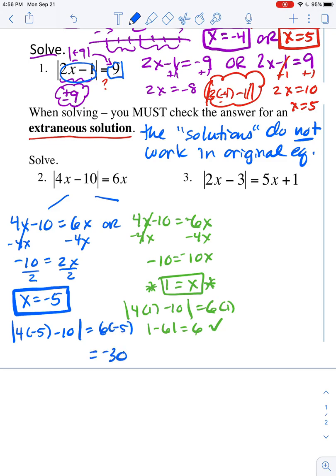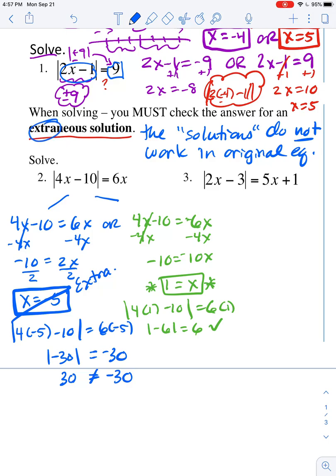Well, that can't be a solution, because the right side of my equation is negative, and the left side, even if it's 30, negative 20 minus 10 more, which it is, that is going to come out positive since it's in absolute value bars. So 30 does not equal negative 30, and that means this is extraneous.